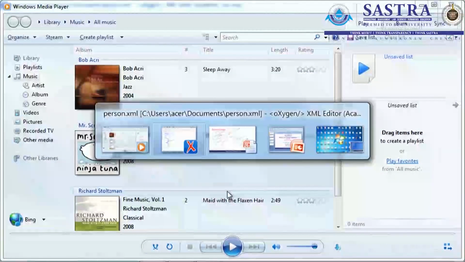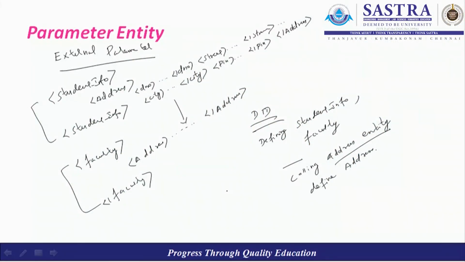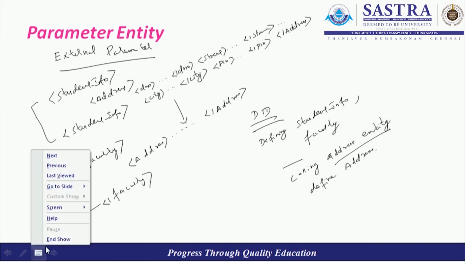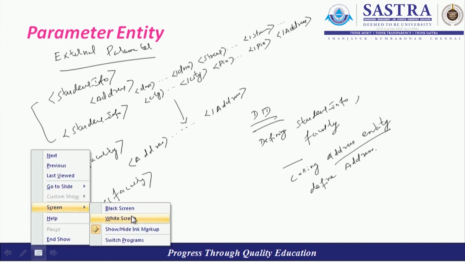The syntax I would like to specify. If it is an external parameter entity, then we have to use it like this: exclamation ENTITY and percentage, this is the abbreviation, space, SYSTEM file path.